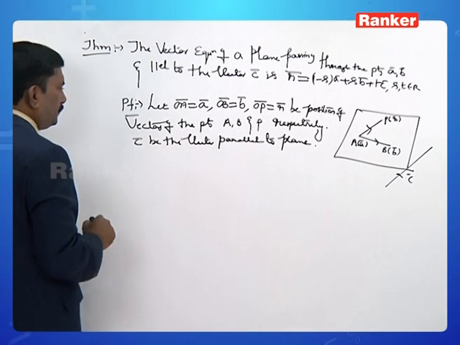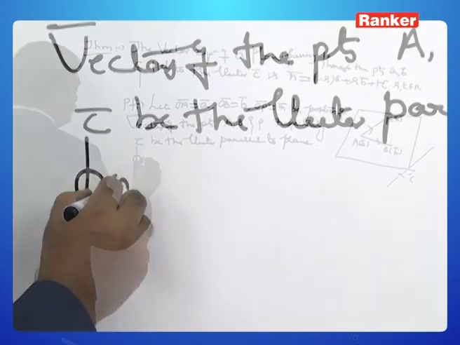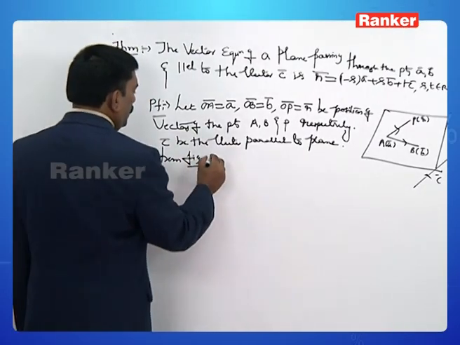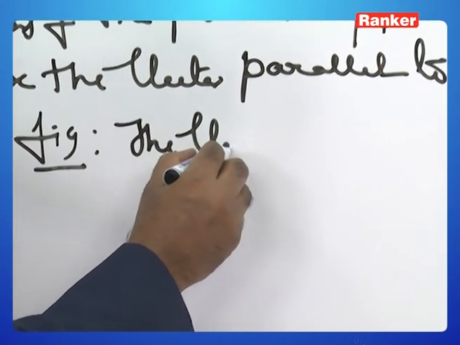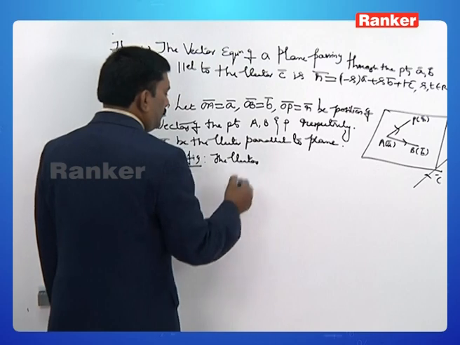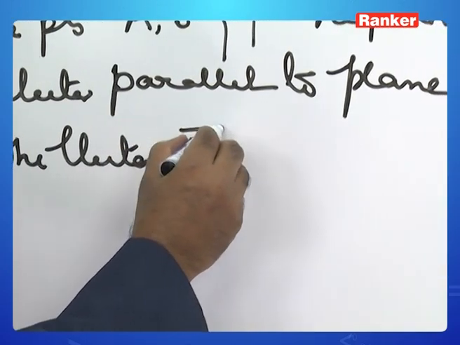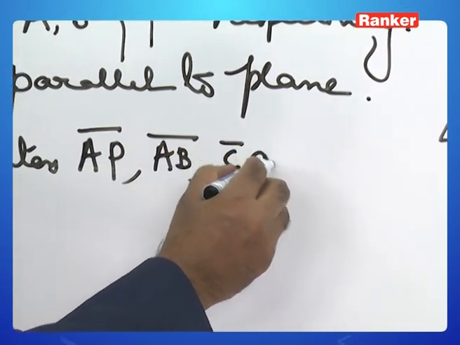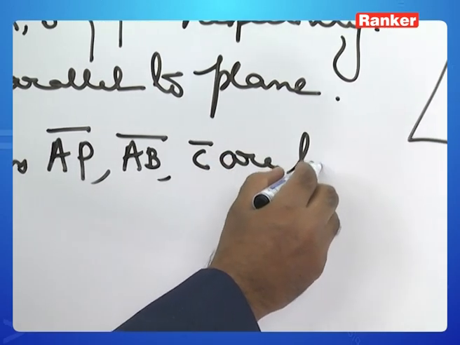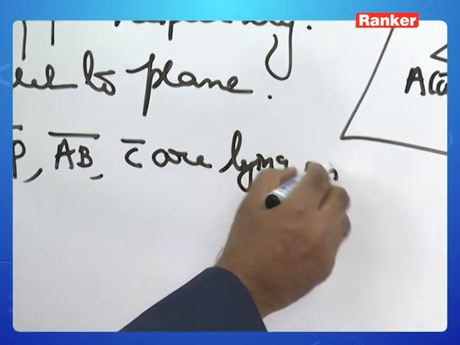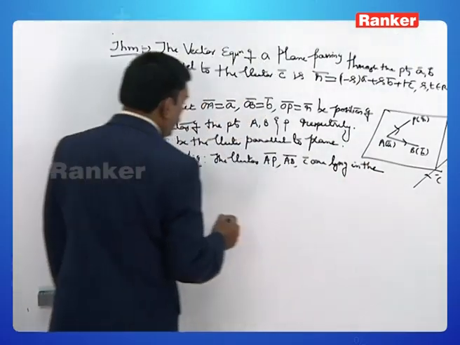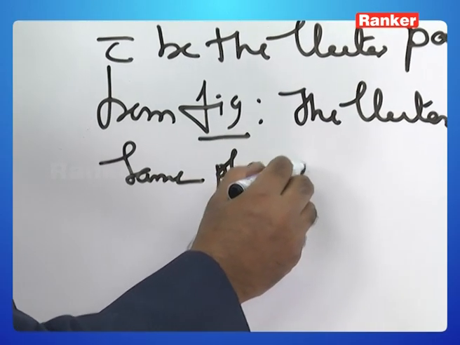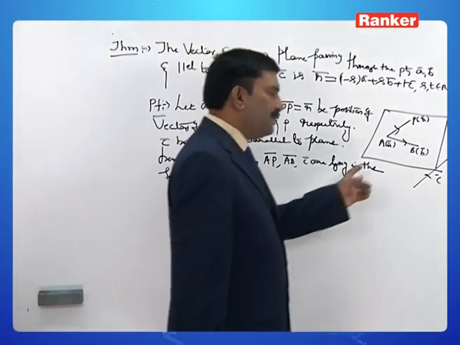From the figure, the vectors AP bar, AB bar, C bar are lying in the same plane. You can very well observe.